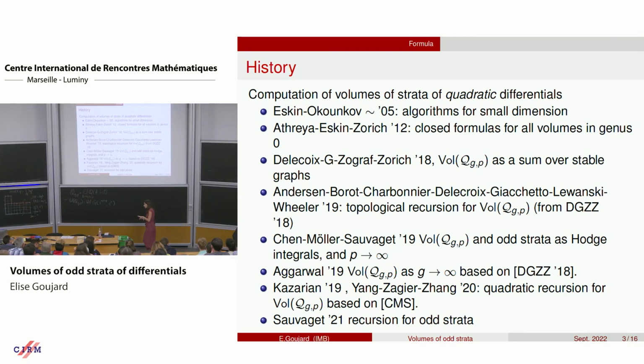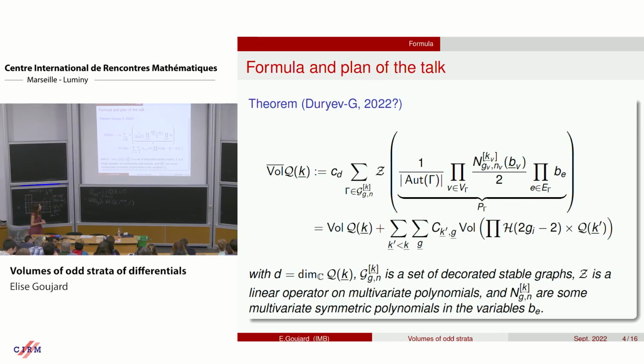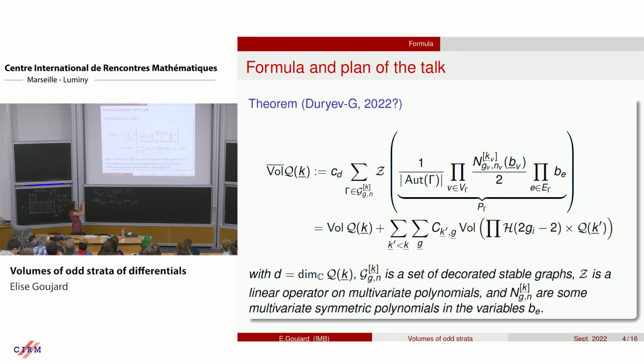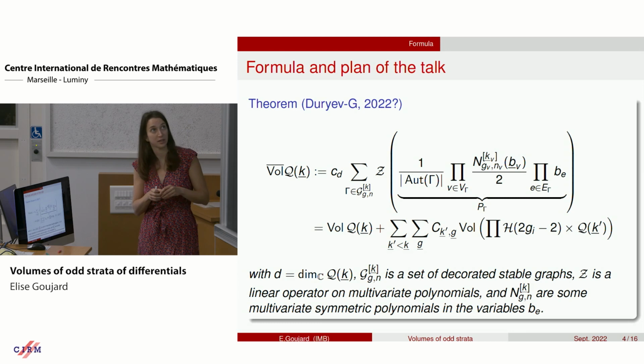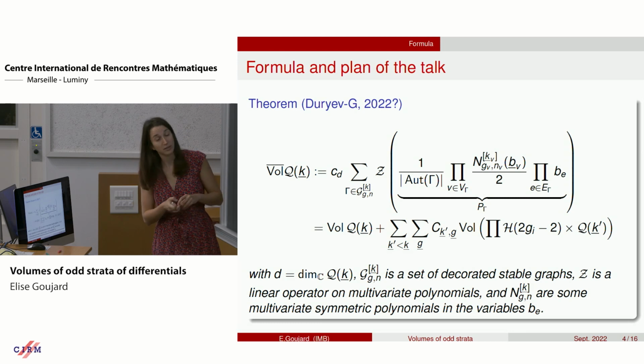So actually, the goal of the formula that I will present now is not to compute volumes of strata. It's not really useful for that, but it will be useful for other problems that I will present at the end. Okay, so this is the formula.